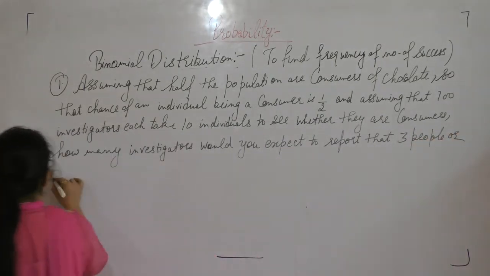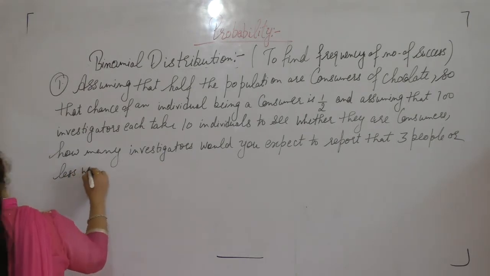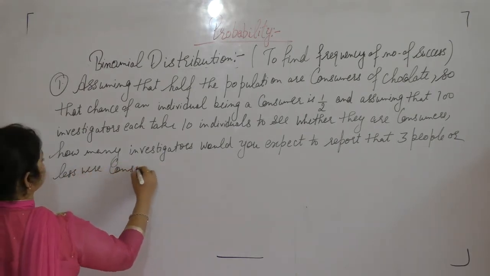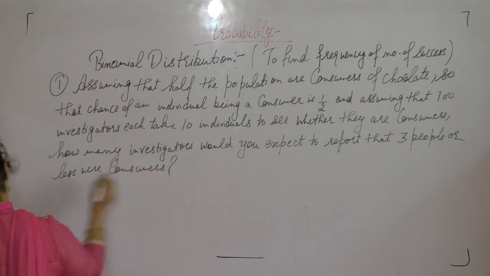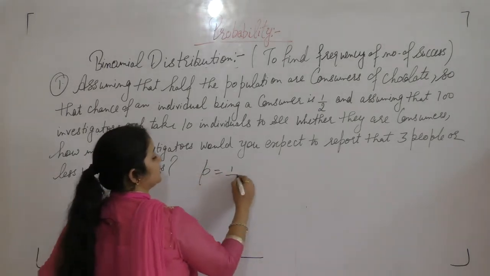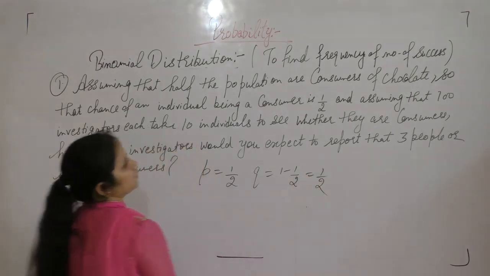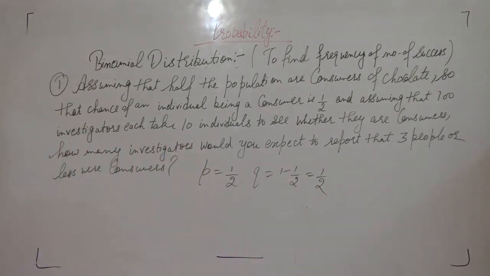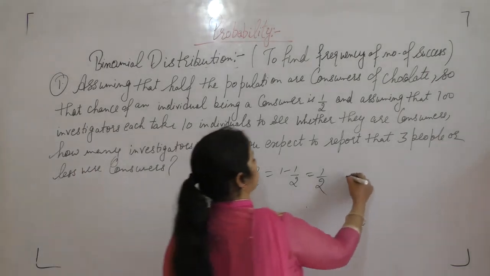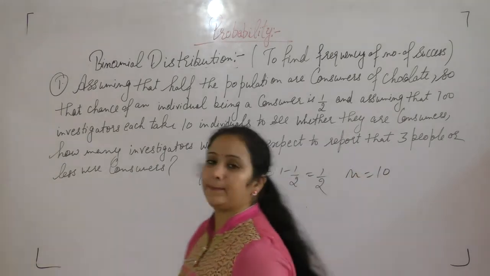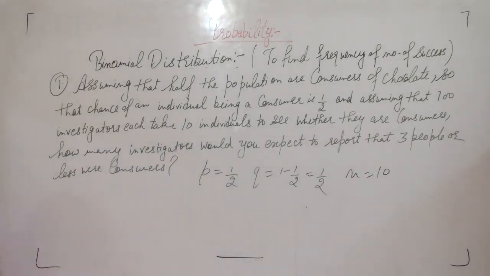3 people or less were consumers. Assuming that half the population is consumers, so p is 1/2, q is 1 minus 1/2, 1/2. Assuming that 100 investigators each take 10, so n is 10, that 3 people or less were consumers.